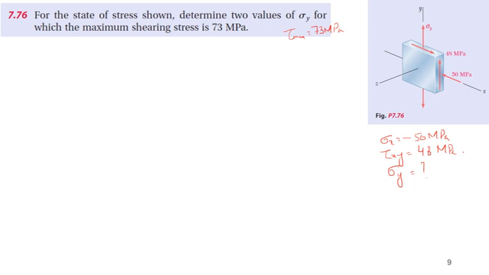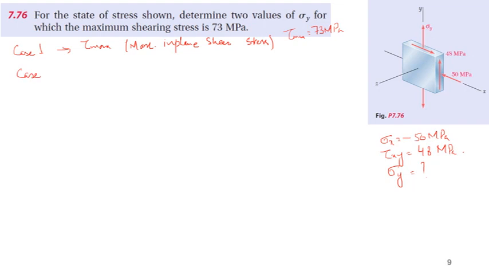Now this tau max is not mentioned as in plane or out of plane. So the maximum shear stress can be in plane or out of plane, so we will have two cases. Case one, when we take tau max as maximum in plane shear stress, it will be equal to the radius of the circle.